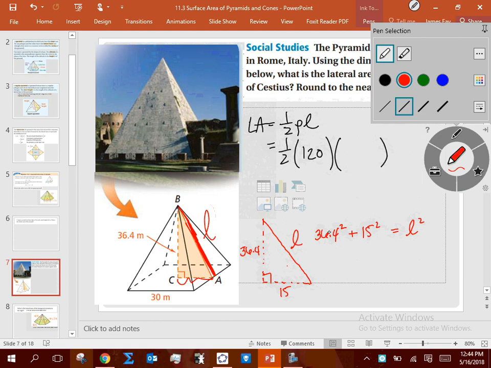So what would I do with this sum here to find L? Add them and then what? Yep, take the square root. So if I take the square root of 36.4 squared plus 15 squared, that gives me L to be 39.37.